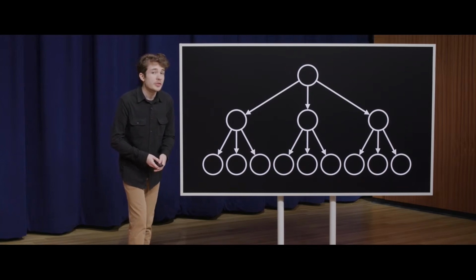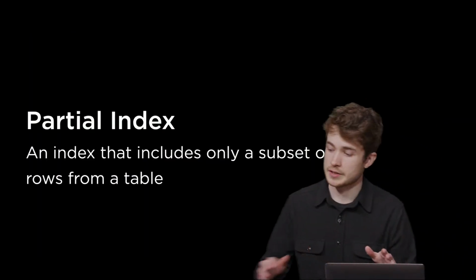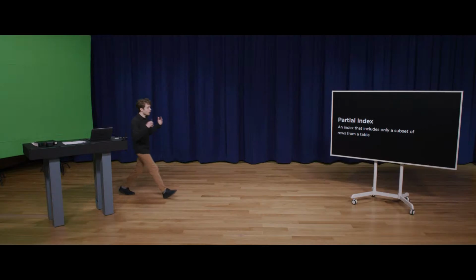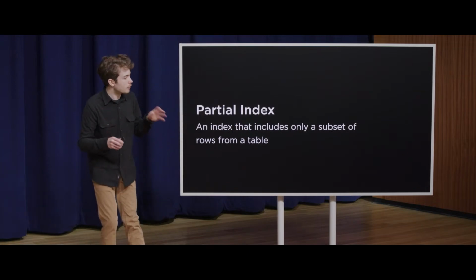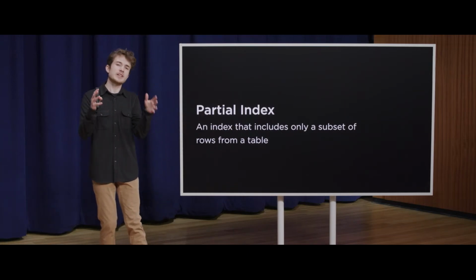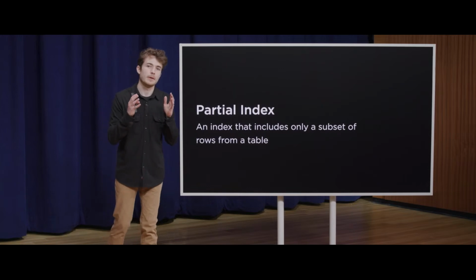OK. There are ways, though, to actually optimize the space that we use with a tree like this. We can use a structure called not an index, but a partial index. And if you're concerned about space, a partial index might be good for you. A partial index only includes a subset of the data from a given column, thus making your index smaller overall.